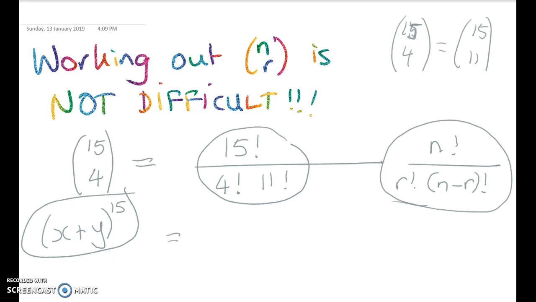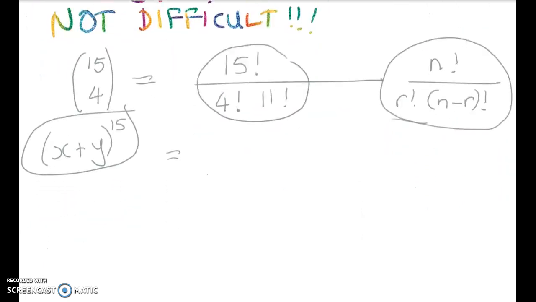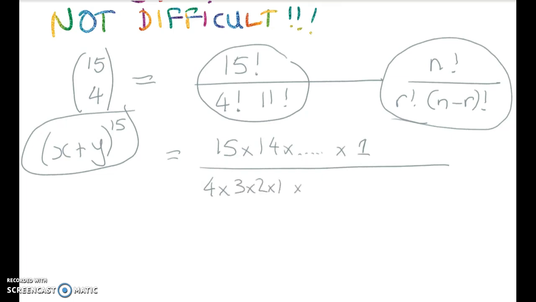Well, a whole lot of stuff is going to disappear. 15 factorial is 15 times 14 and so on, down to 1. 4 factorial is 4 times 3 times 2 times 1, and then 11 factorial is 11 times 10 times 9 all the way down to 1. So if you think about that, a whole lot of stuff is going to cancel out.